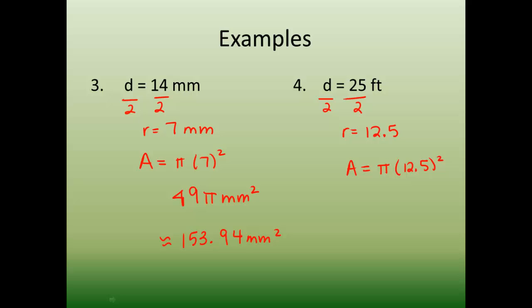For our exact answer, that's what we're going to write. 156.25 pi feet squared. I'm going to multiply that number, 156.25, times pi to get my approximate answer. And that gives me 490.87 feet squared.